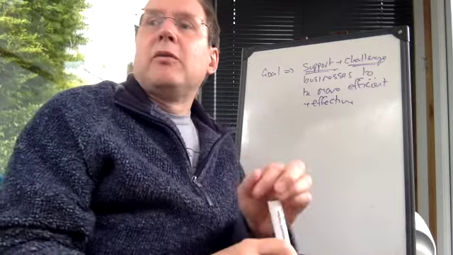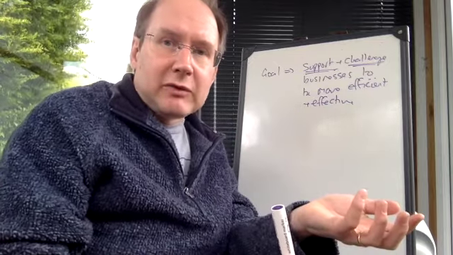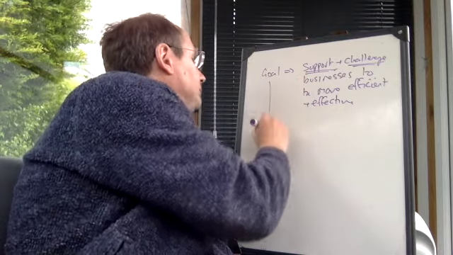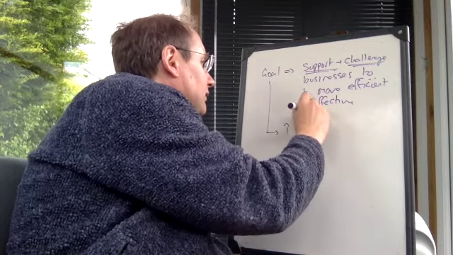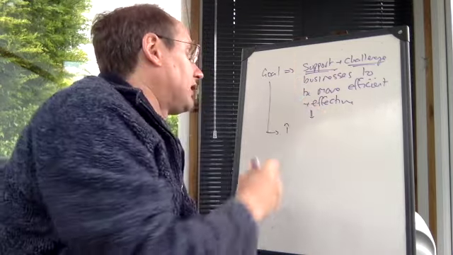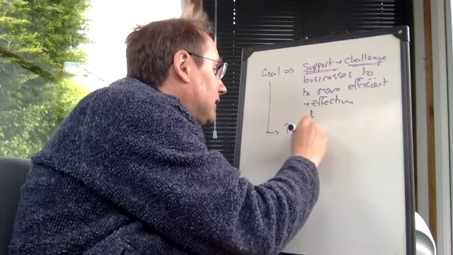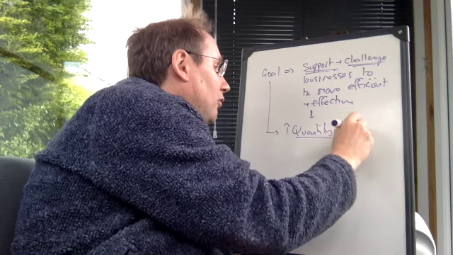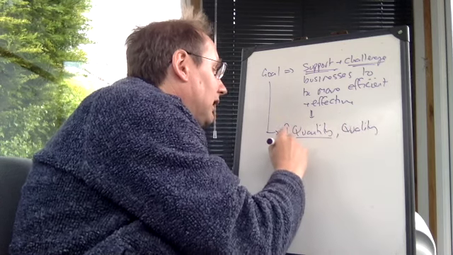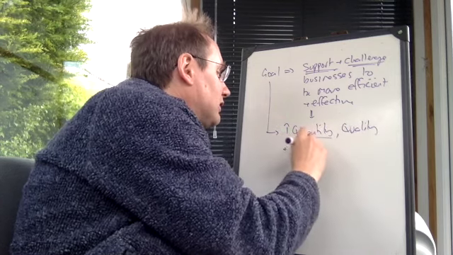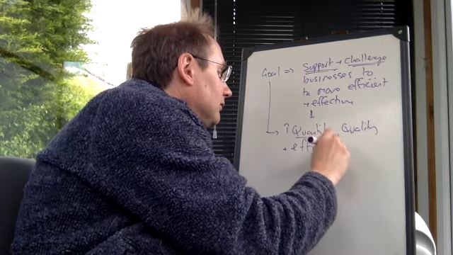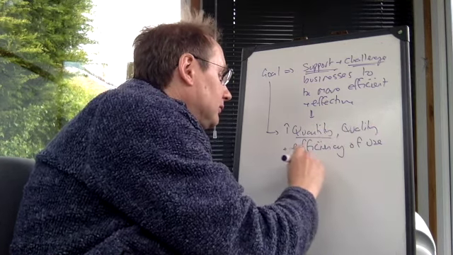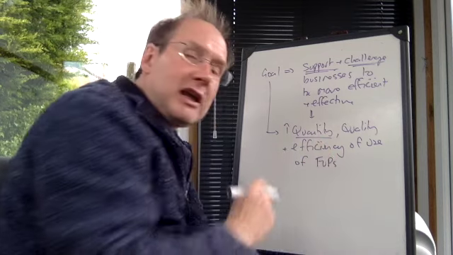The way I see supply side policies working is that the way we support and challenge businesses is to increase the quantity and the quality and the efficiency of use of our factors of production: land, labour, capital, and so on.